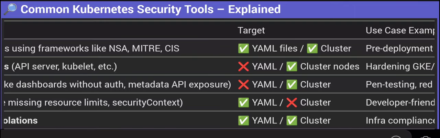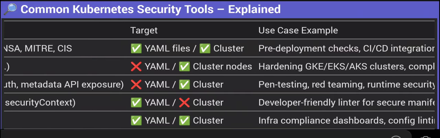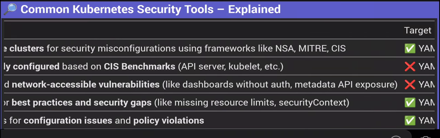It is not going to scan YAML files. Use case examples are hardening GKE, Google Kubernetes Engine, EKS, Amazon's Elastic Kubernetes Service, and AKS, Azure Kubernetes Service, and compliance validation of those clusters.